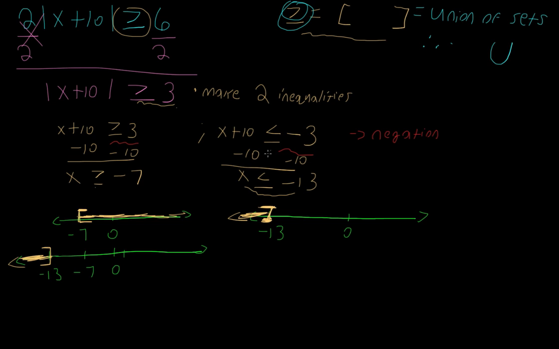So what's the interval notation for x is less than or equal to negative 13? That is negative infinity to negative 13. Remember, it's included. We're using brackets. Union. And then this one, negative 7, bracket, to infinity. And that is our answer.